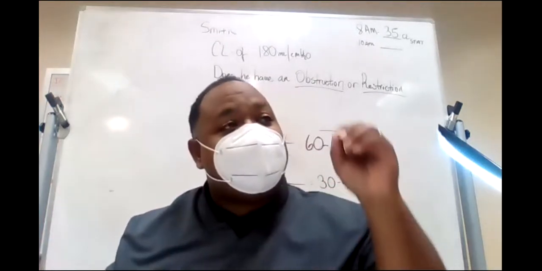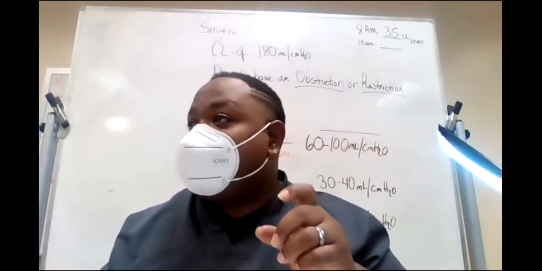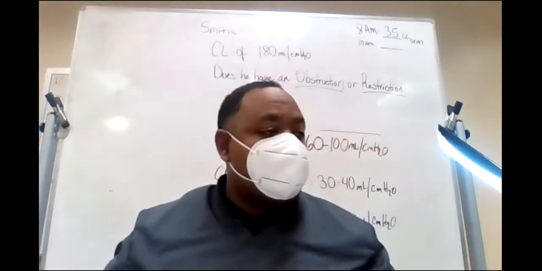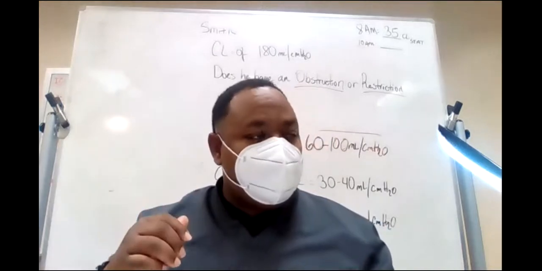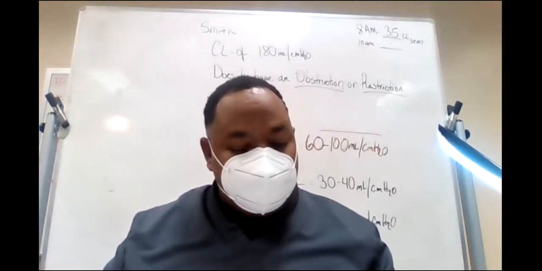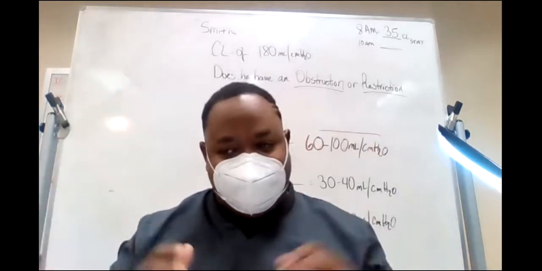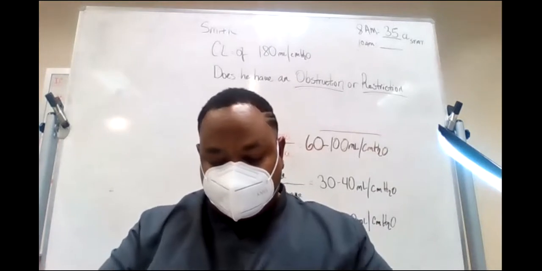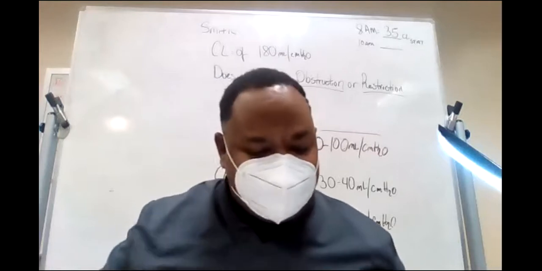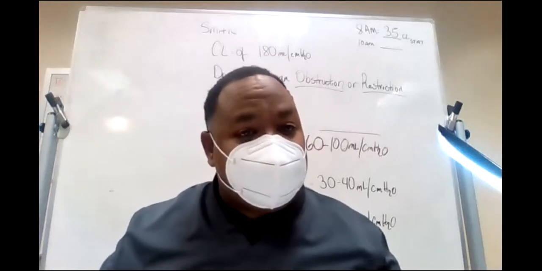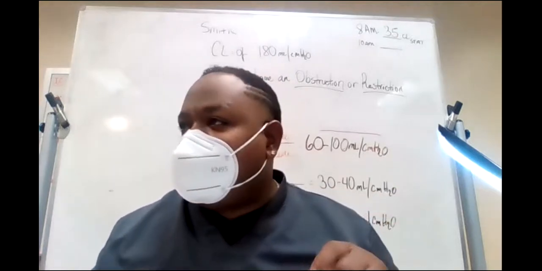So if I have an obstructive disease, then I'm going to have a high compliance. If I have an obstruction, I have a high compliance. They go hand in hand. Okay? Anybody else remember what I said about that earlier? Did you write that down? What did I tell you was directly related earlier?